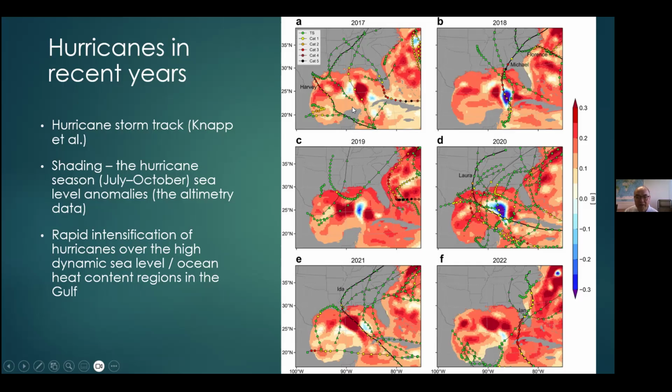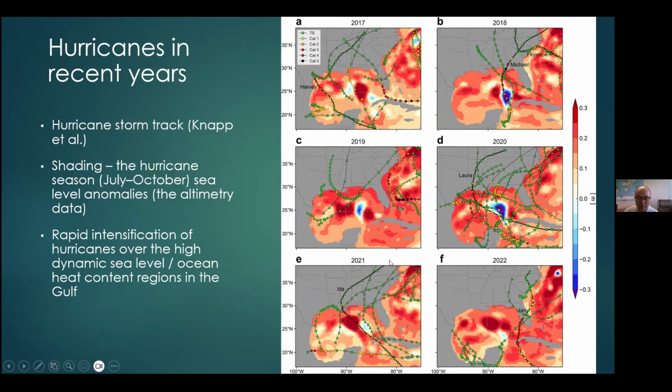And you can see the Gulf of Mexico is warm, right? And so the dynamic sea level is high. So all these storms showed rapid intensification when passing over the high dynamic sea level, high ocean heat content regions in the Gulf.